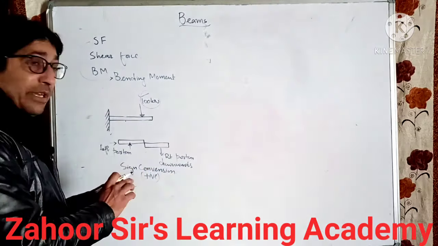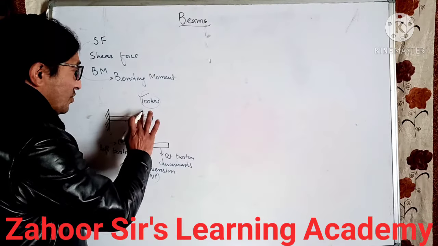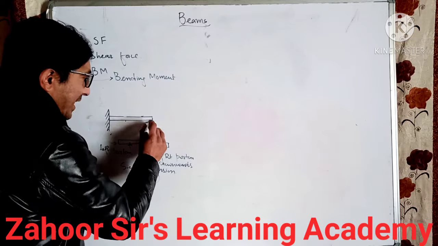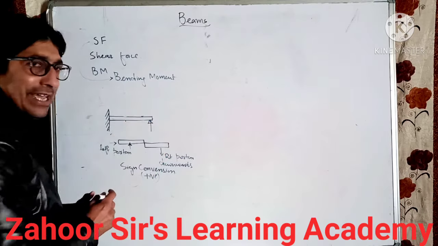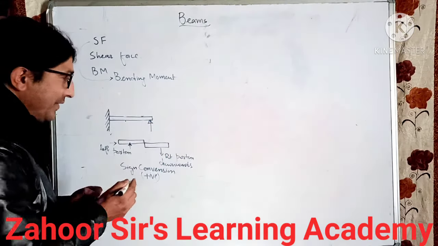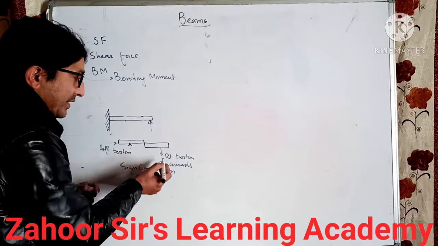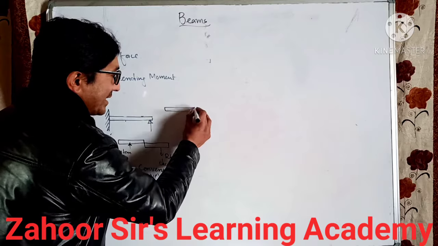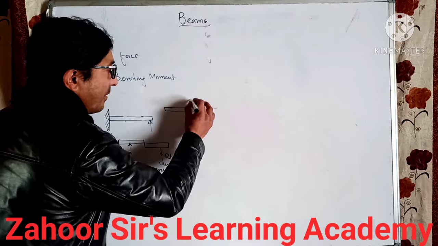So the opposite could be, now this load is not here. Maybe a load comes from this end. So what will happen? Now the right portion will go up.